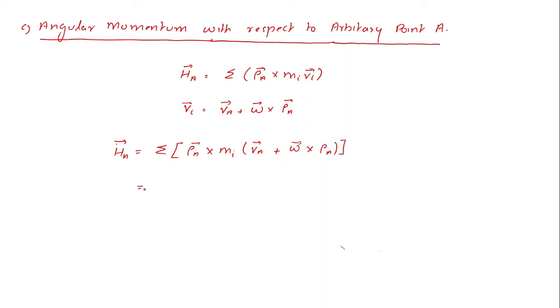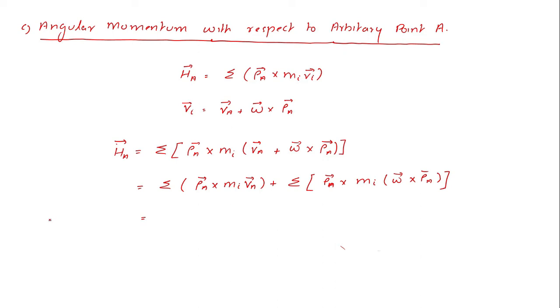Now if you expand this equation, you will get sigma rho A vector cross mi into vA vector plus sigma rho A vector cross mi into omega vector cross rho A vector.